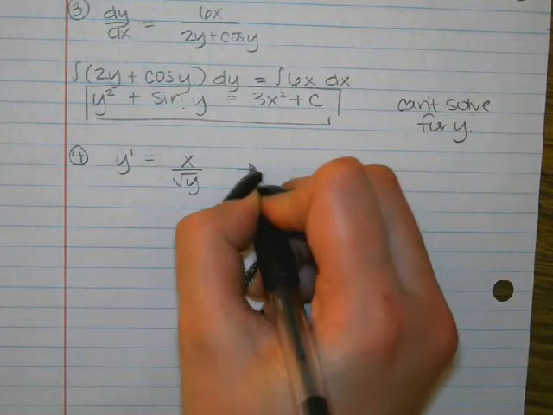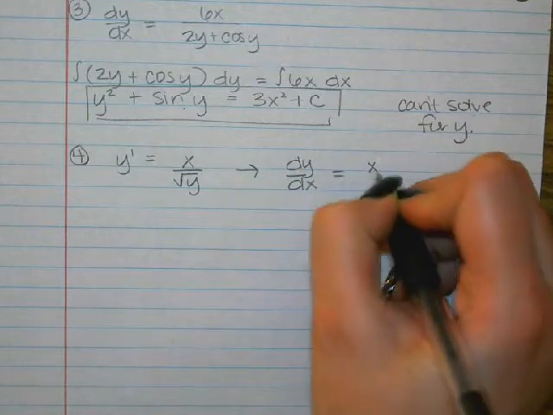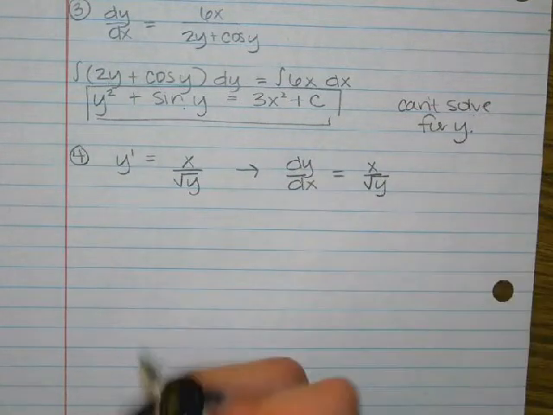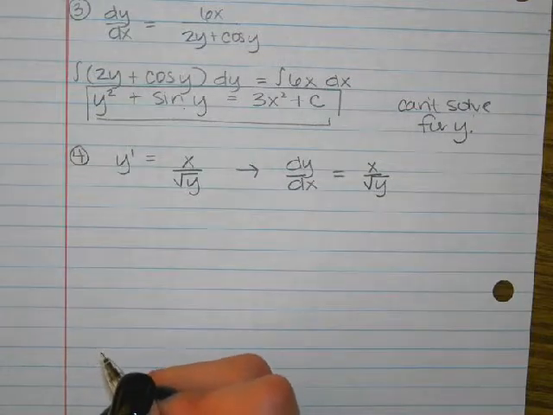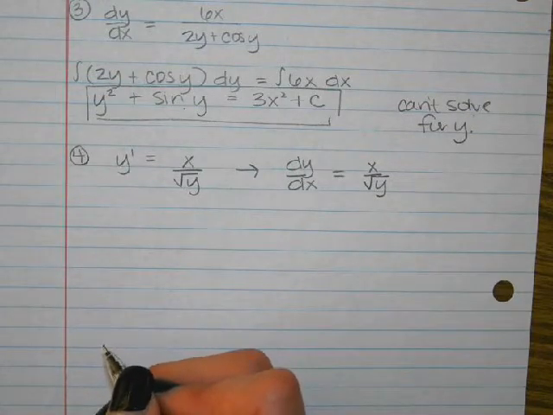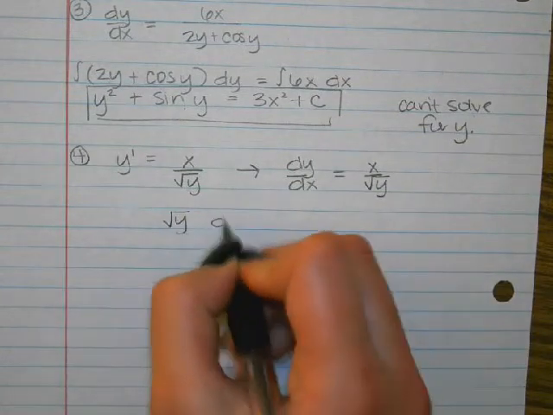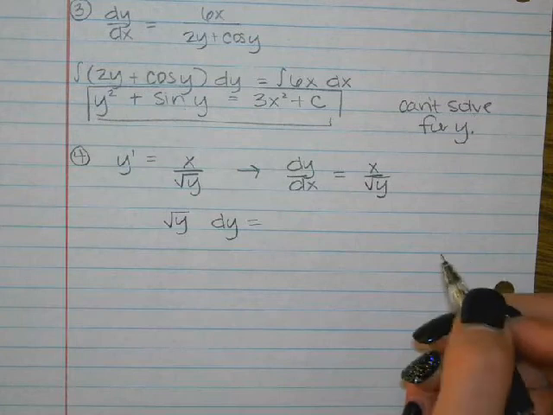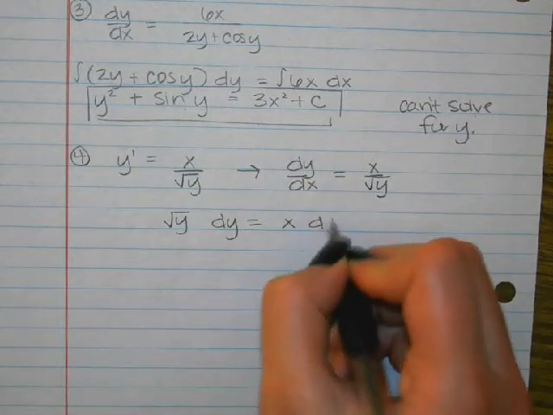Yeah, so I'm going to rewrite it that way so that I can see my y's and my x's more easily. And then what do we need to do so we can separate it? Yeah, so we've got root y dy equals x dx.